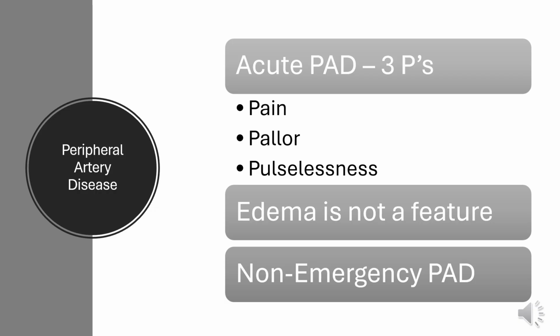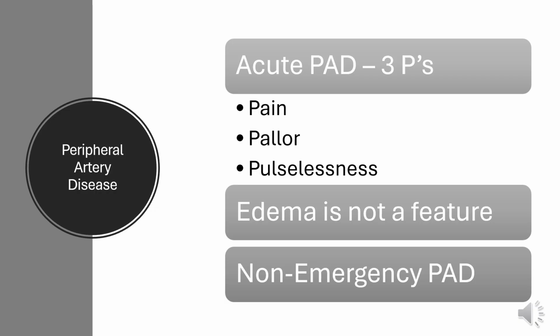For the evaluation and management of non-emergent peripheral arterial disease, you should review the risk, clinical presentation, examination findings, testing, management, referral, and education. A big part of what you're going to do is diagnose what you can, do the workup, and if it's indicated, refer them and teach them about the problem.